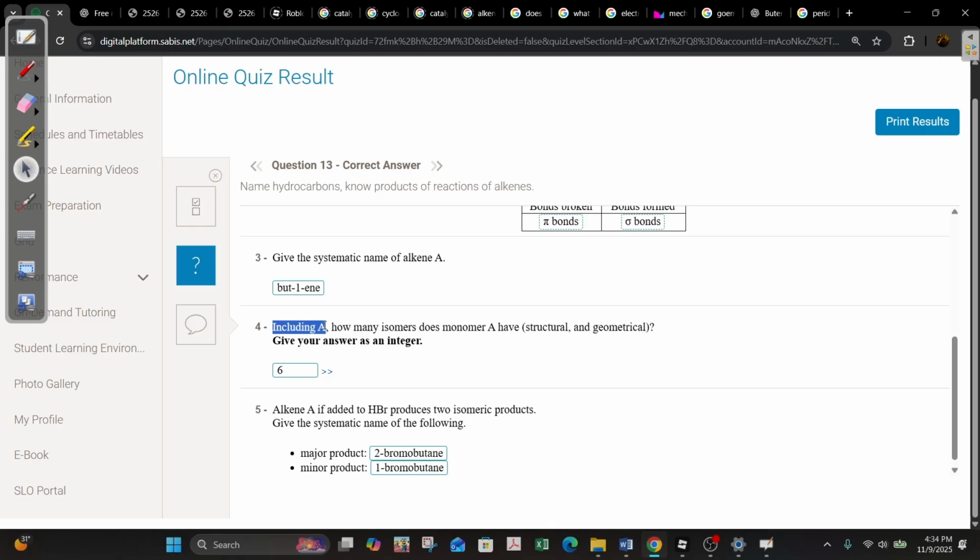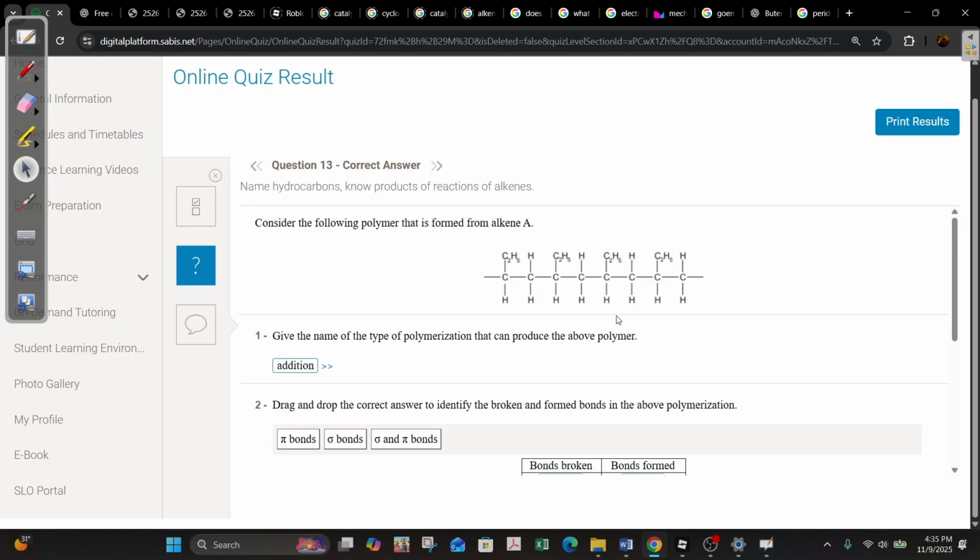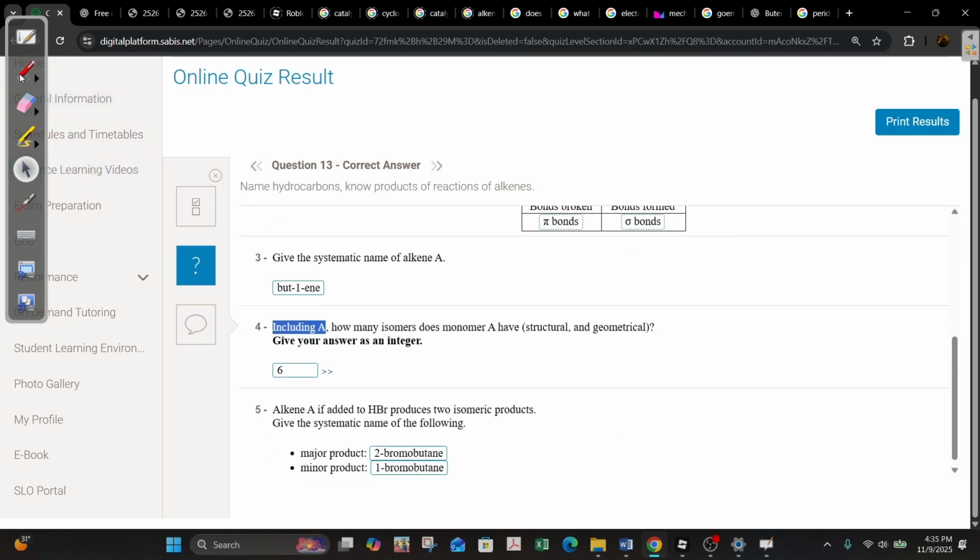How many isomers does monomer A have? What is monomer A? Okay, we can write monomer A. Monomer A will be Cl bonded to C with C2H5, hydrogen, hydrogen, hydrogen.